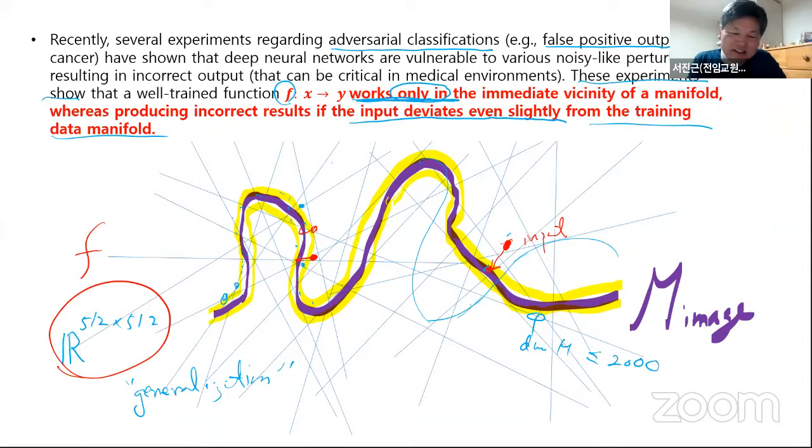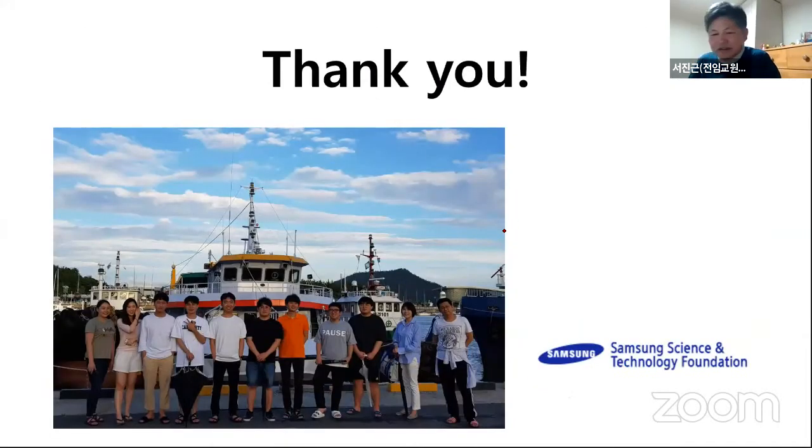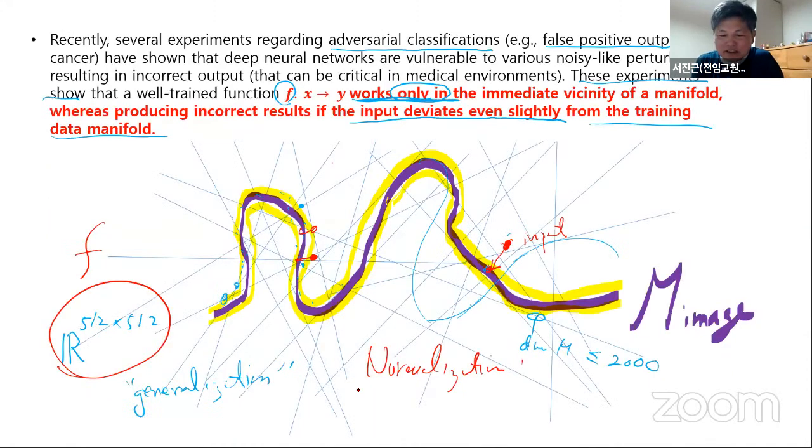Also, the interesting thing is that for X-ray image or CT image or MRI image, if the hospital is different, then the image distribution is different. So normalization is the important issue here. Normalization is the key issue of deep learning.